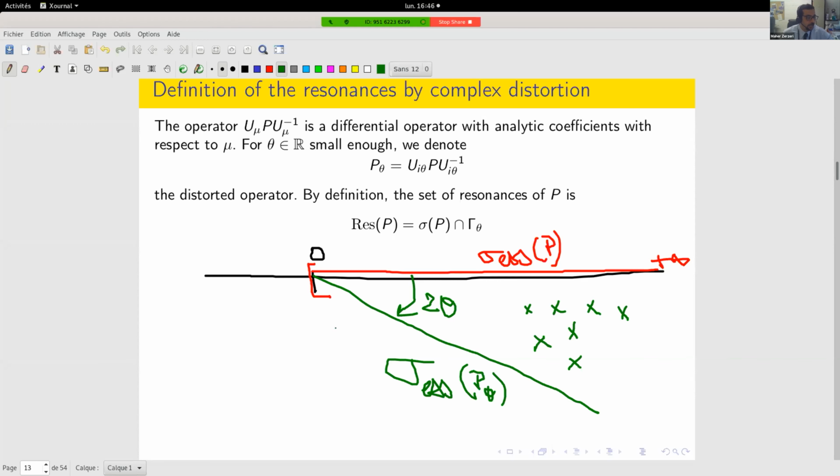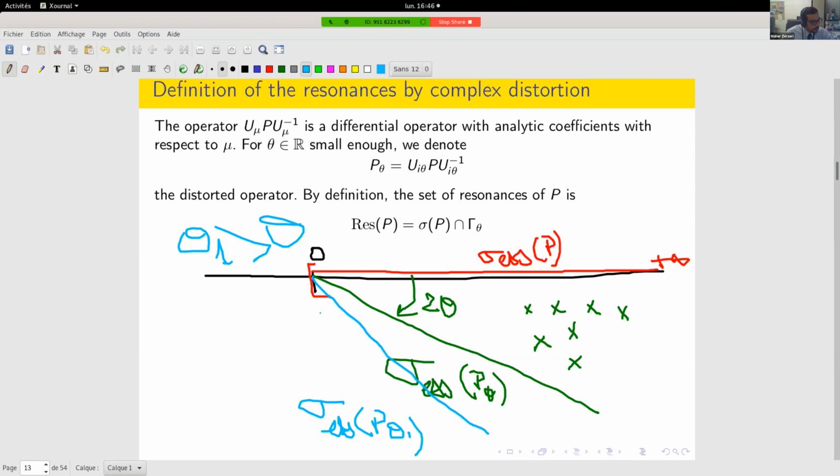So of course, there are a lot of questions here. If someone distorts with some theta, another with theta prime bigger than theta, for example theta 1 bigger than theta, the essential spectrum of P theta 1 now is here, with 2 theta 1.